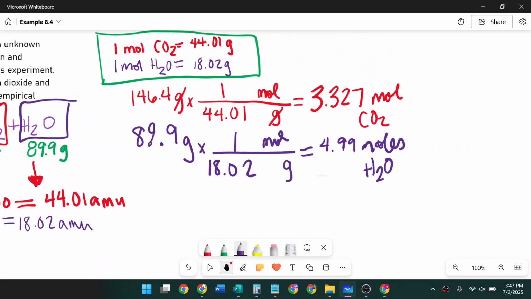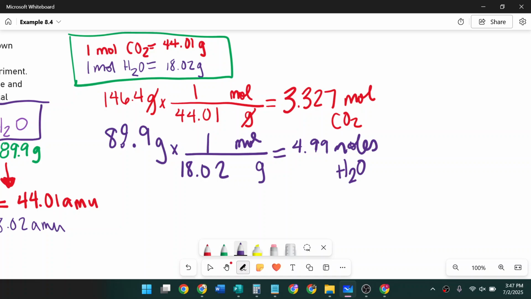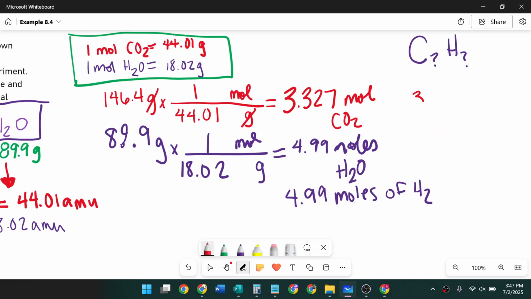Because I want to think of the hydrogen as individual atoms in this mystery CH that we're trying to make, I want us to recognize that we have 4.99 moles of H2 and we have 3.327 moles of carbon. We also have 3.327 moles of O2 and 4.99 moles of just O, but we don't care about those.